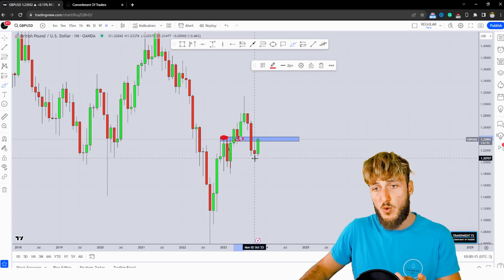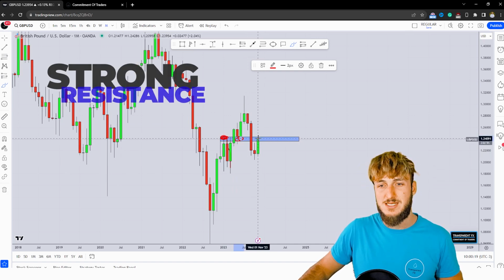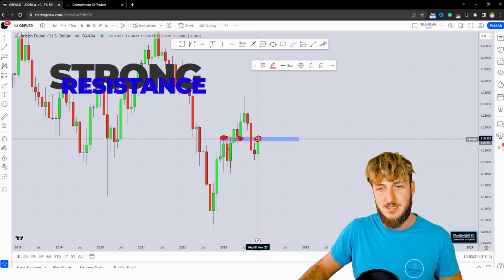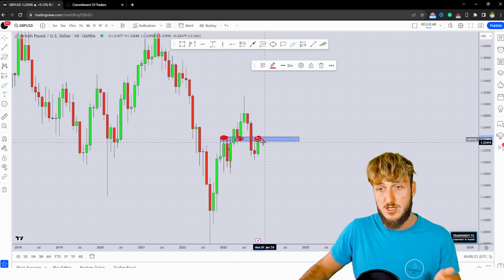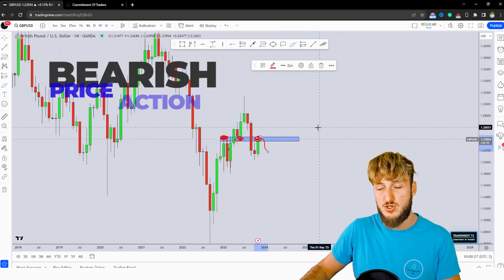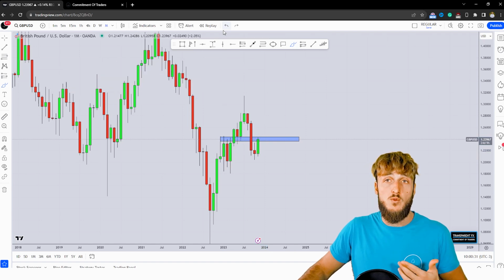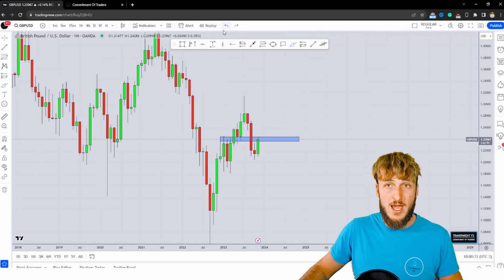Now the market has broken back below this support, which has again turned resistance, and the market is currently testing this level as resistance, from which there is definitely the possibility to see some short-term bearish price action being created away from this level, with the market respecting and reacting to this zone as resistance.